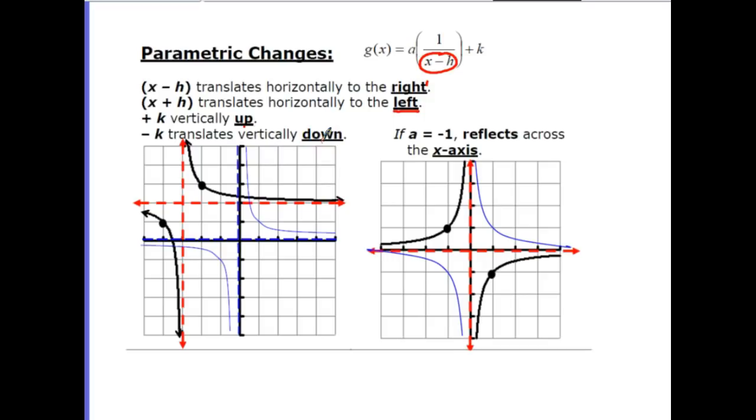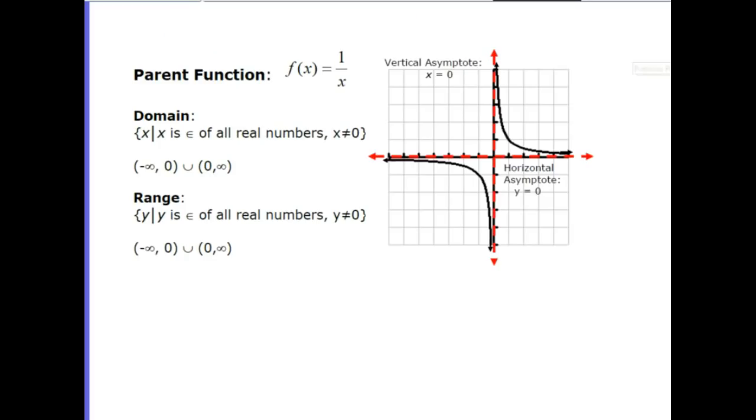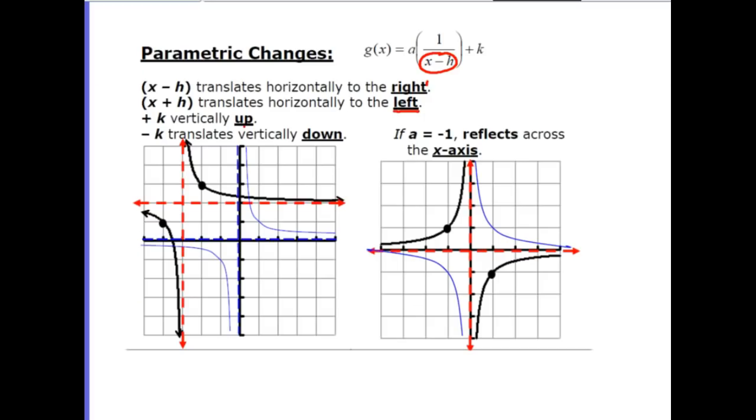Well, what is it that I'm moving up and down and left and right? I'm moving this parent graph. So on my notes up here, this graph that's in blue, that's the parent graph. And it has an asymptote here, and it has an asymptote here, and that's what the parent graph looks like. So, where has this been moved?